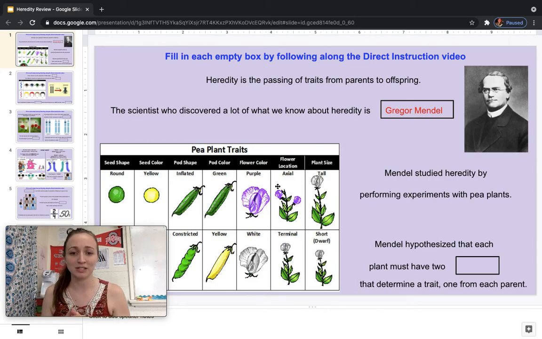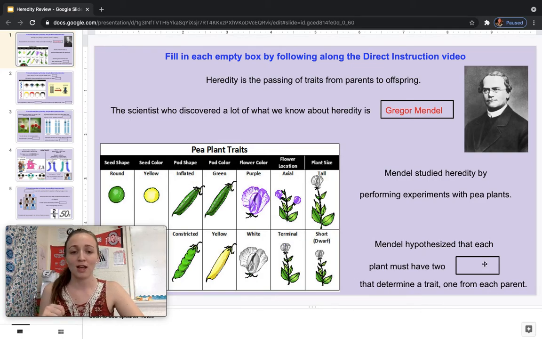And he noticed that there seems to be different versions of each trait. So for example, if we look at the pod color of a pea pod, he noticed that sometimes they're green and sometimes they're yellow, or the shape of them, sometimes they're inflated or sometimes they're constricted.